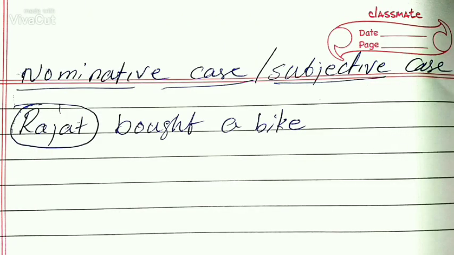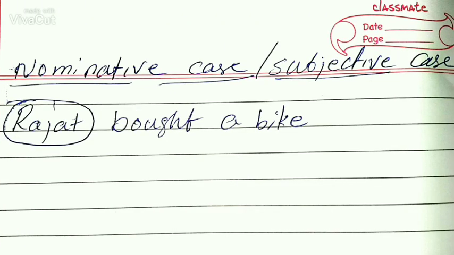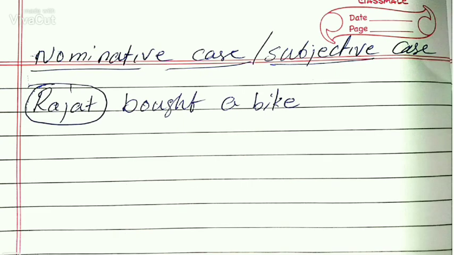In this sentence, Rajat is the subject and it is also a noun. So this noun is used as the subject of that sentence. So it is called a subjective case or nominative case. Second one, objective case. We know that almost all sentences have objects, and it can be a direct object and an indirect object also. Okay. When it is used as the direct object of the sentence, it is called objective or accusative case.